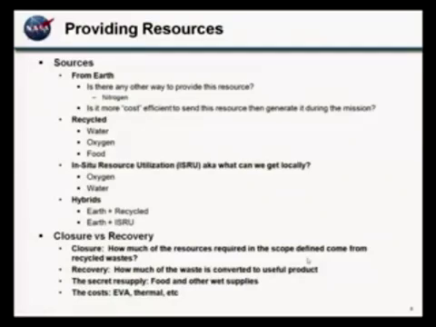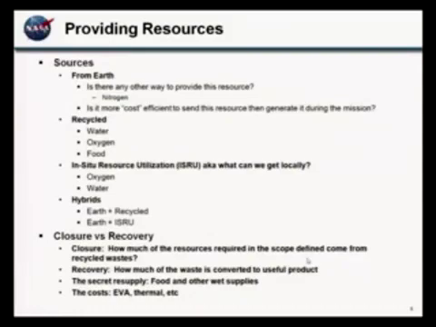And then you can start looking at the things that could be recycled. Water, oxygen, food. And now is where you enter the trade space. Is it more cost efficient to recycle it, to generate it from the local resources, or to send it?